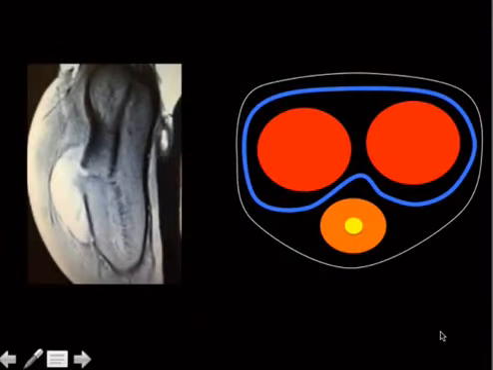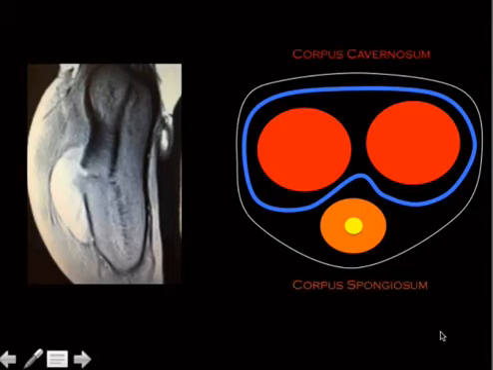So, let's talk about some penis anatomy. It's one of my favorite subjects. You may remember from med school anatomy that the penis sort of looks like a monkey's face in cross-section with two blood sacs that are the eyes, and these are the corpus cavernosum. That's the stiff part of the penis.